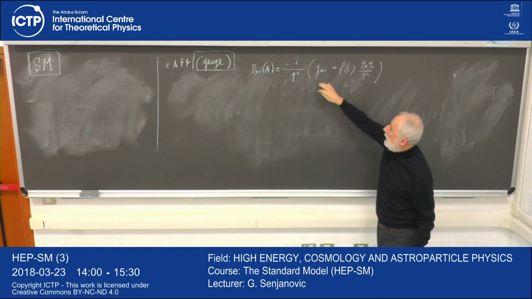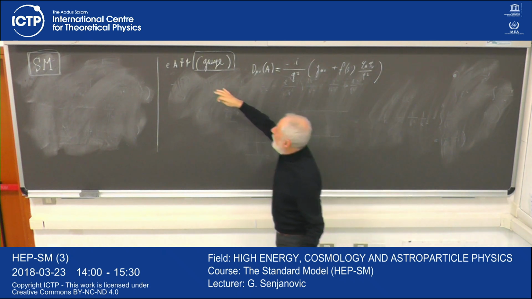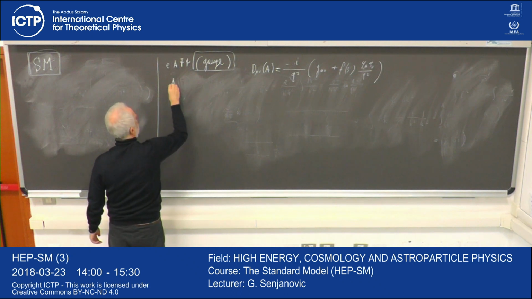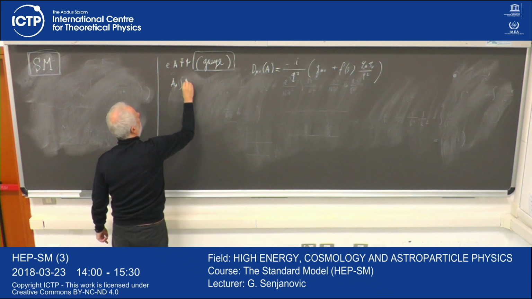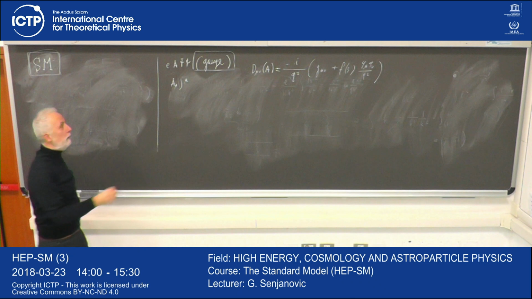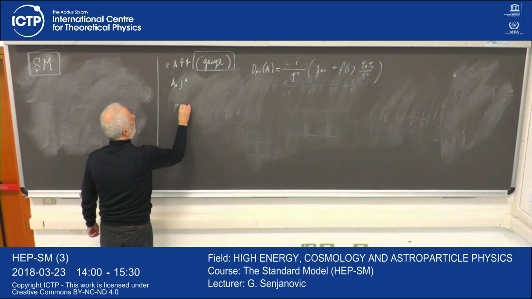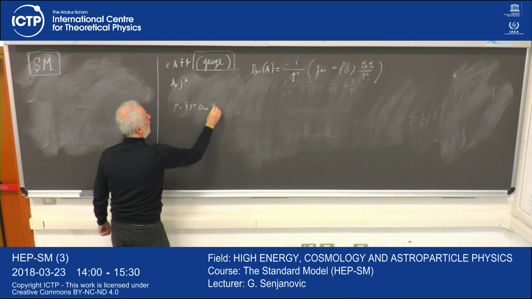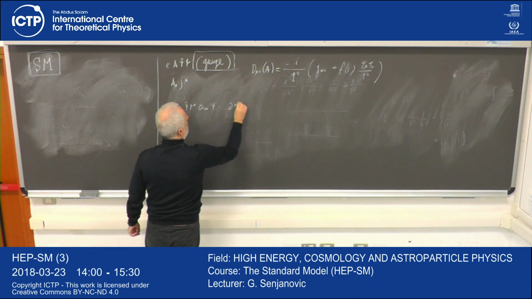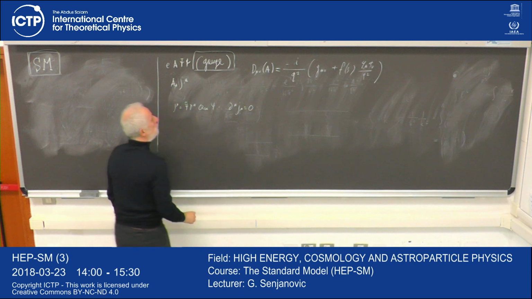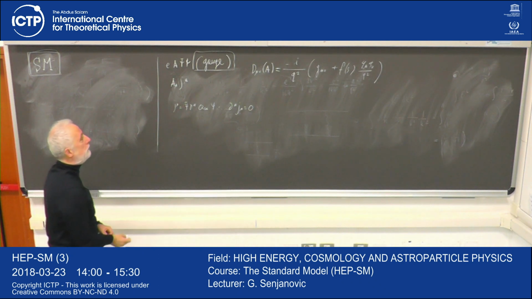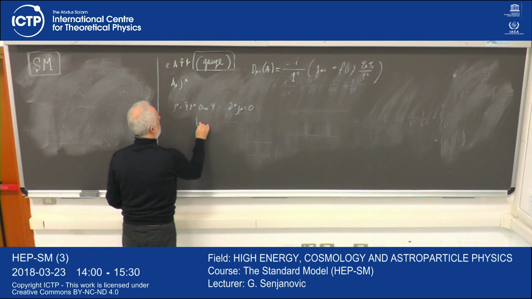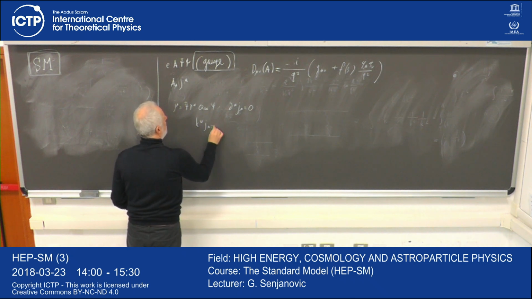The reason is that the photon couples to the conserved current J mu, which is psi bar gamma mu Q electromagnetic psi, and is conserved. Which means that k mu J mu is equal to 0.